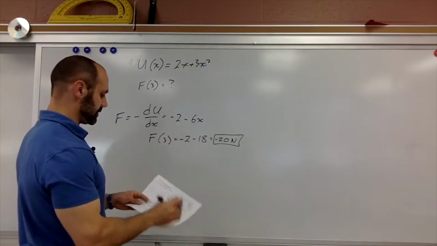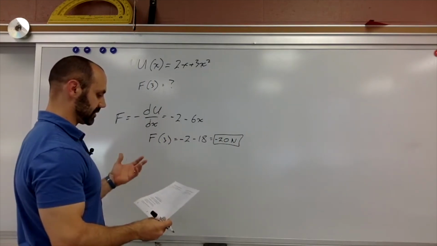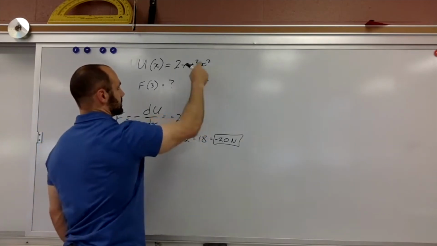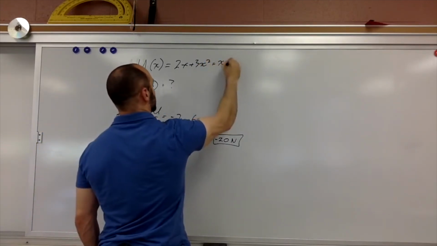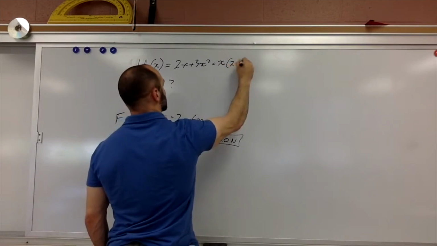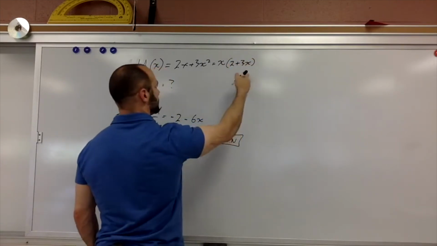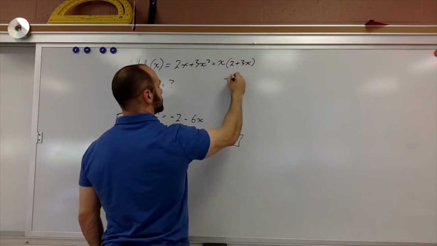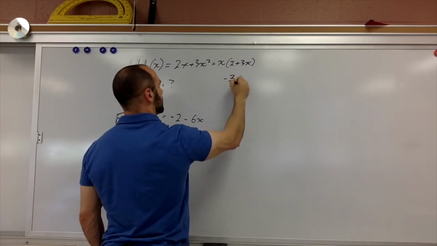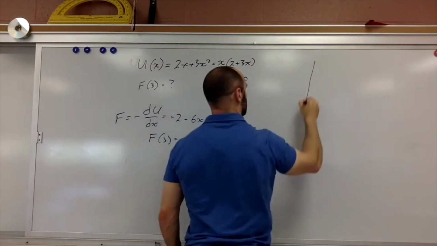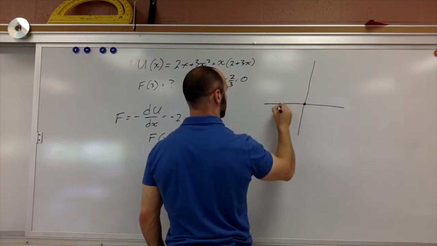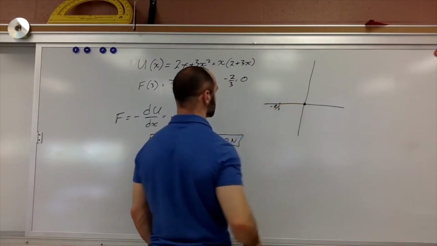Okay. And we've got these graphs here so we can see what the graphs look like, how these are related to each other. And we have these functions, this and this. Here, if we factor out x, then we get 2 plus 3x. And so our zeros for this are negative 2/3 and 0. So for the potential energy graph, I've got 0 and negative 2/3.